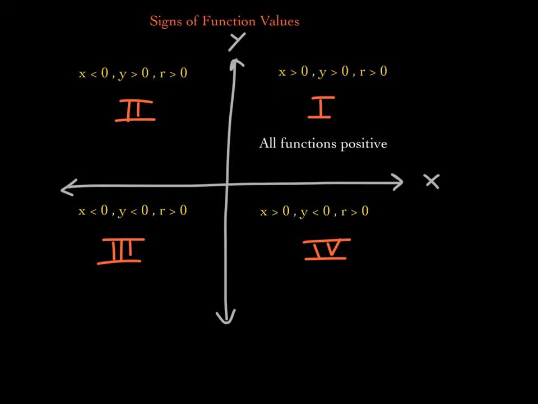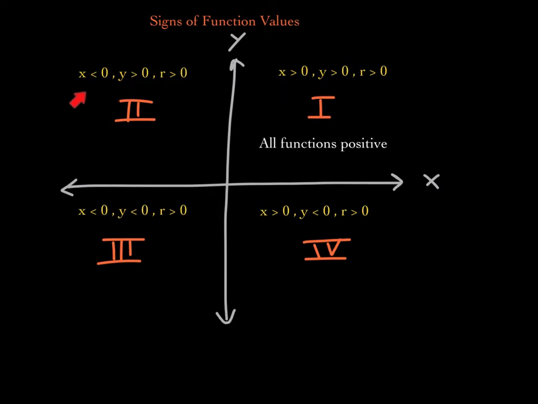Remember, secant is just a reciprocal of cosine. So if cosine is negative, secant's also negative, because reciprocals have the same sign. So in this quadrant, so far we have cosine and secant are negative. Now, that's not it. Tangent and cotangent are defined with x. For example, tangent of theta is defined to be y over x.